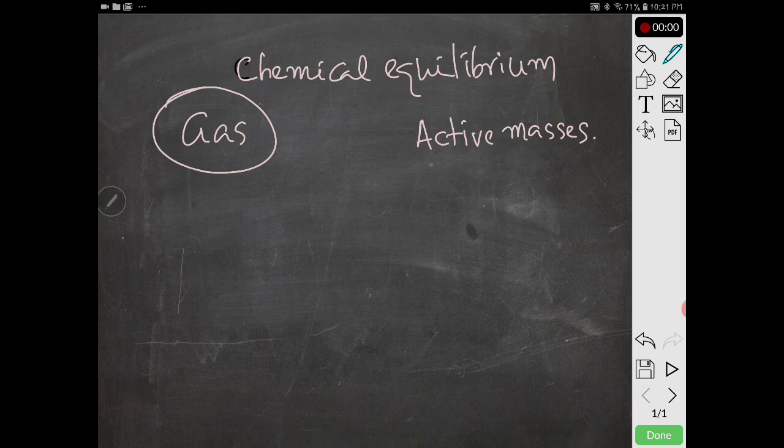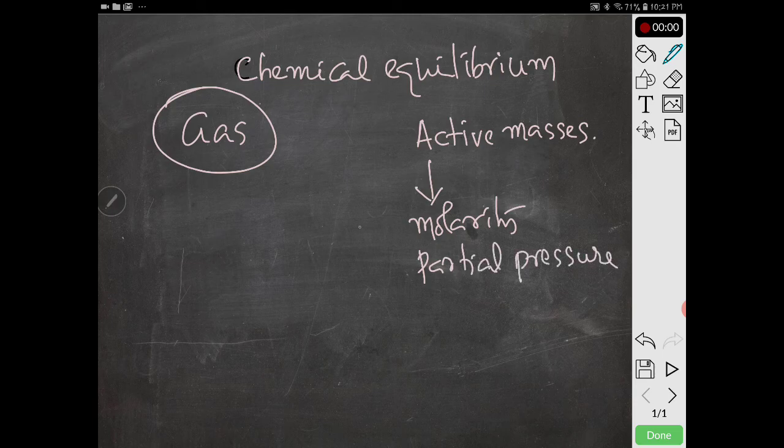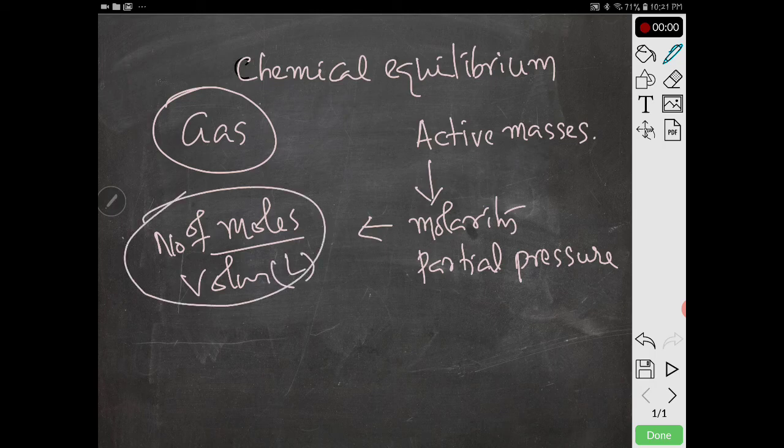This active mass is actually an olden term for the molarity or the partial pressure. Molarity, as we know, is the number of moles present in a particular volume expressed in liters.